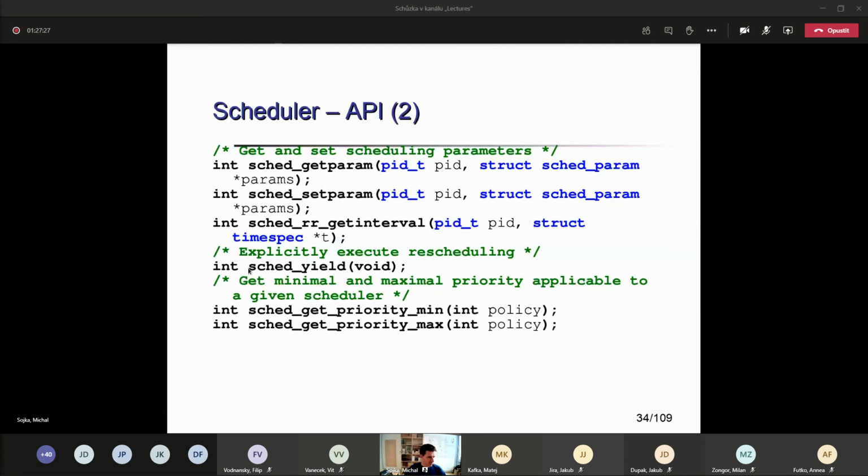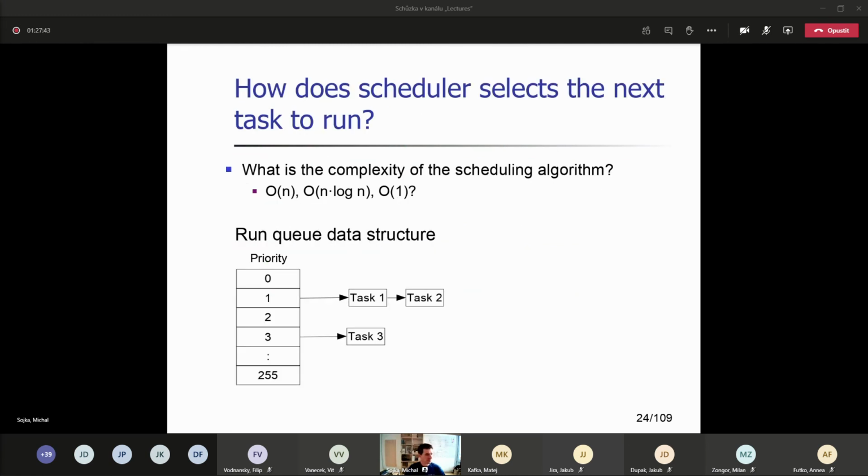In POSIX, you can call sched_yield. Sched_yield basically means, if you remember this task structure, put the currently running task at the end of the queue.